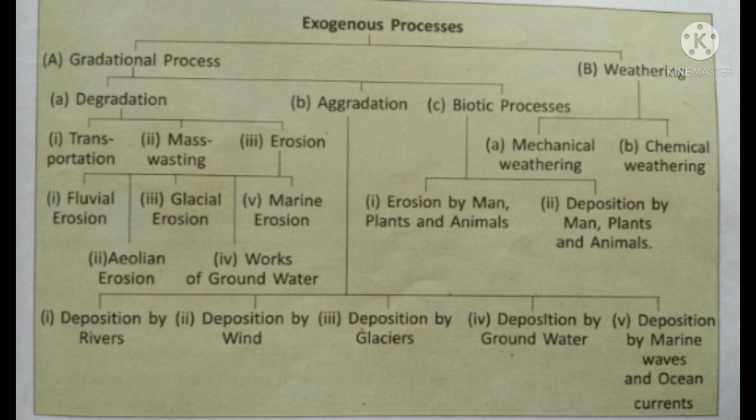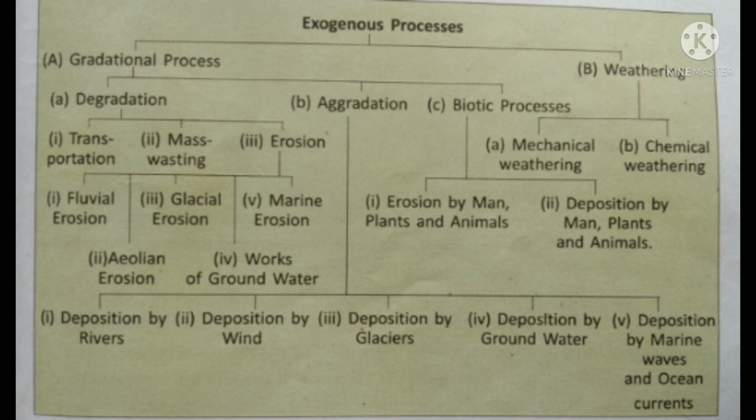For example, a human being sometimes digs a hole in the ground. So this is basically an erosional process, or sometimes these materials are deposited in another region. Or maybe an earthworm that naturally lives in the soil, or maybe rabbits or snakes, they are basically living in the soil. So all these things are called the biotic processes. These are also part of the exogenous processes.